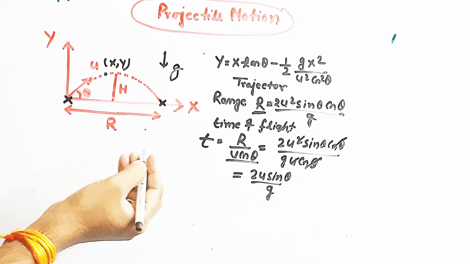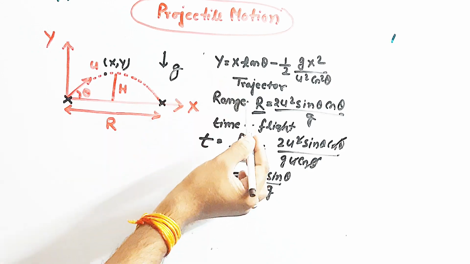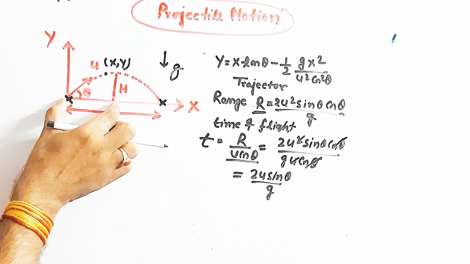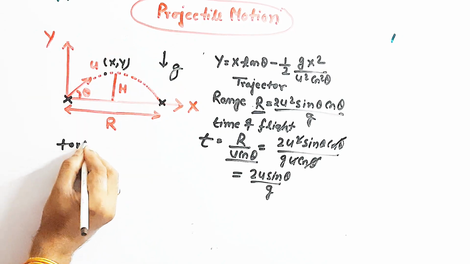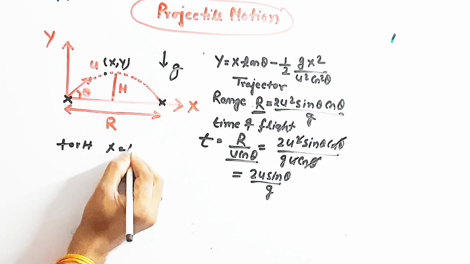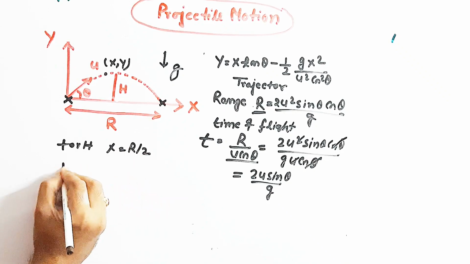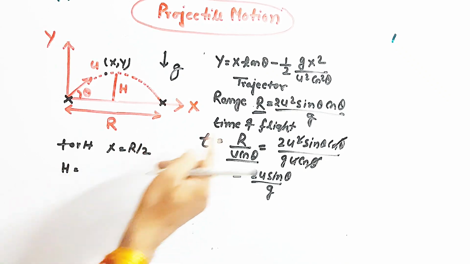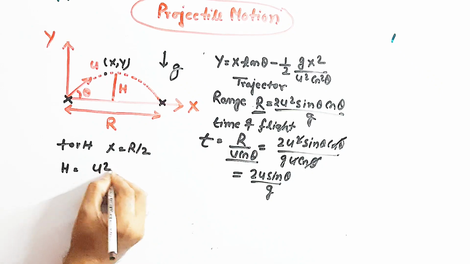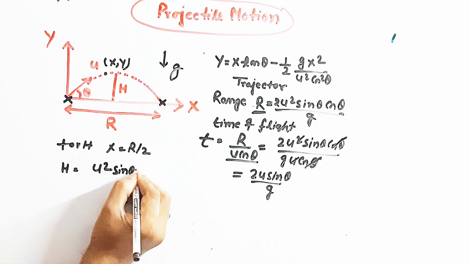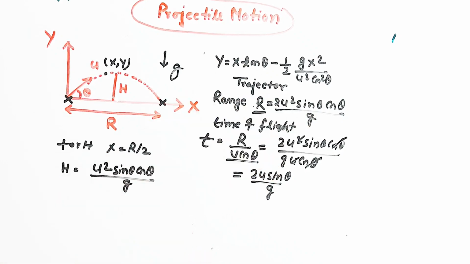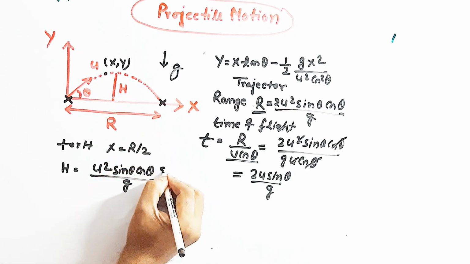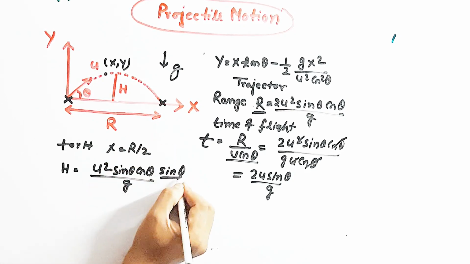Now when you put x = R by 2 in this equation, you will get the maximum height. So for H, put x = R by 2. H = R by 2 into tan theta, which gives u square sin theta cos theta by g, because the 2 disappears, times sin theta by cos theta.